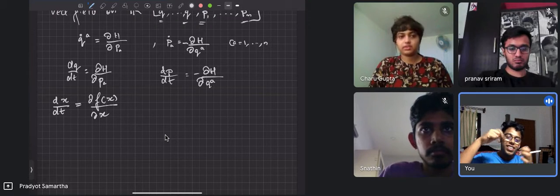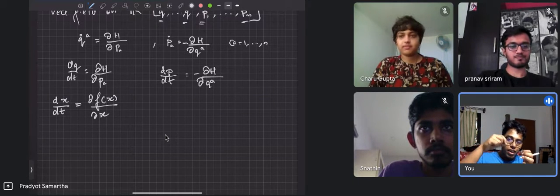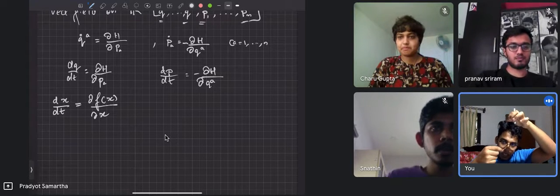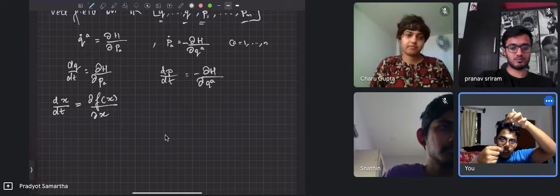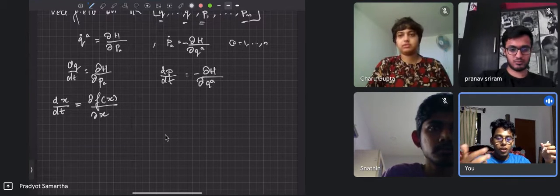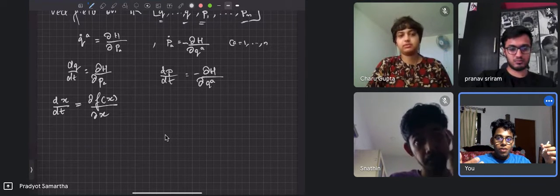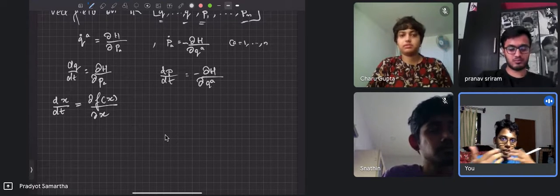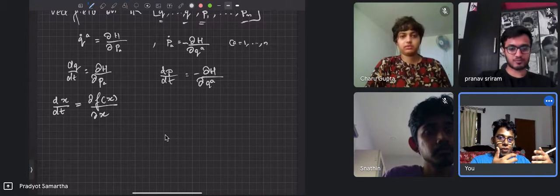It's like I'm connecting x to the momentum phase. So I'm connecting q to the momentum phase using this particular transformation. Okay, and it's a reversible transformation. So it's not just one way.